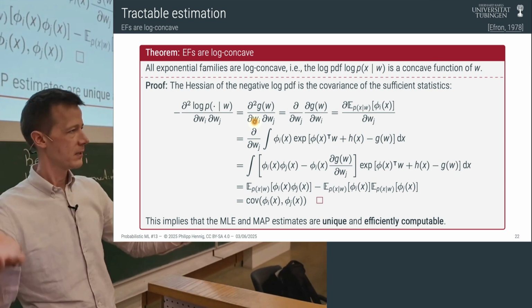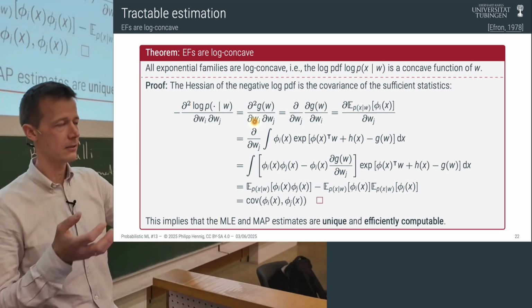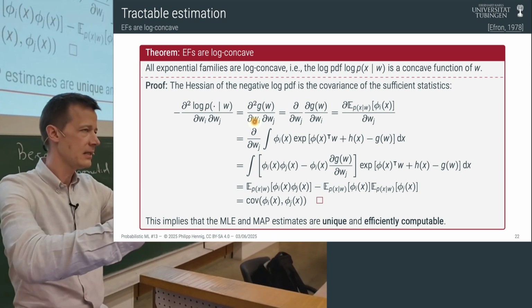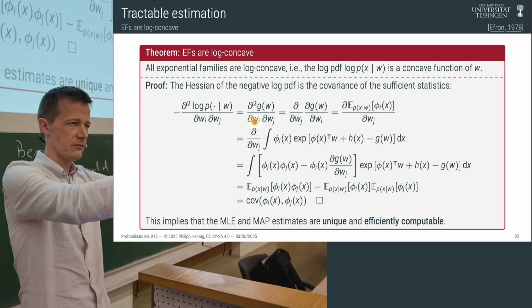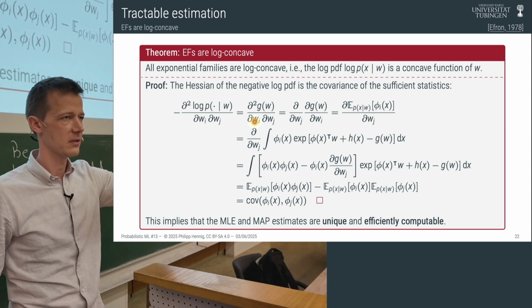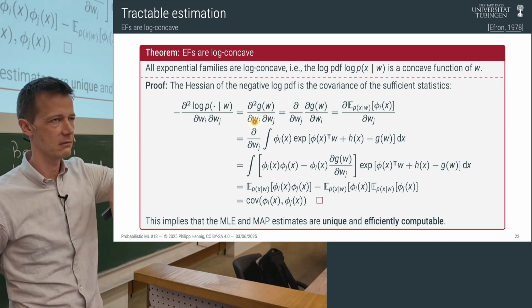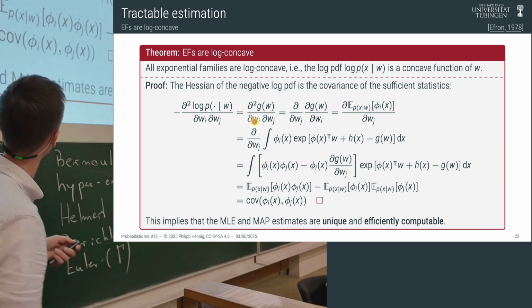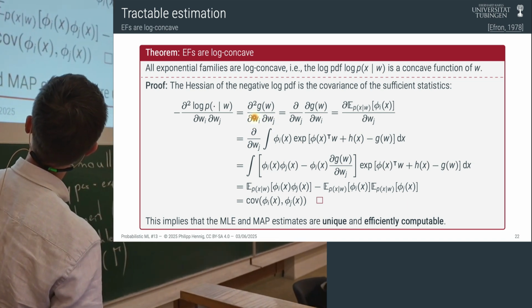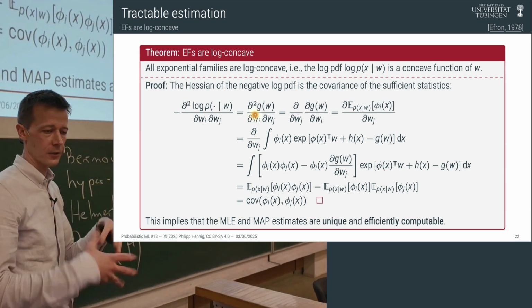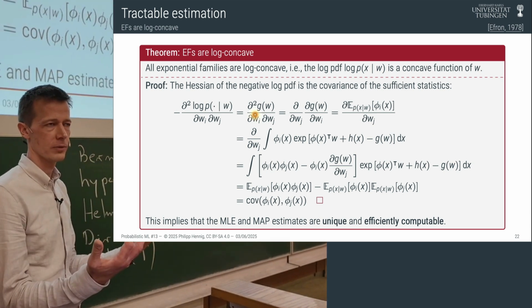Remember that an exponential family is just an exponential of an expression that's linear in the natural parameters with the sufficient statistics, minus g of w. Because it's linear with the sufficient statistics, that term drops out in the second derivative, very convenient, because then we don't have to worry about the sufficient statistics anymore. And we find that we just need to compute the second derivative, the Hessian, the curvature of this log partition function g.